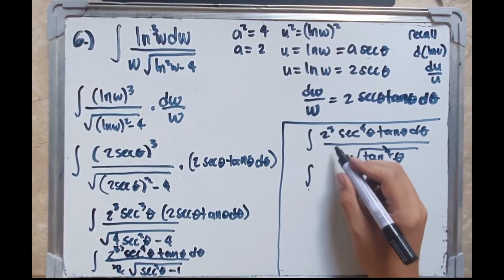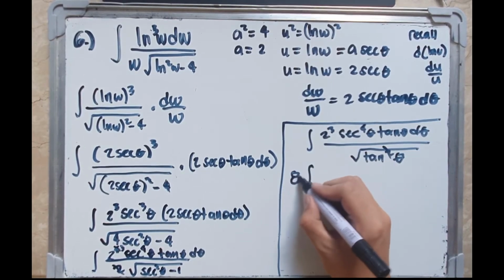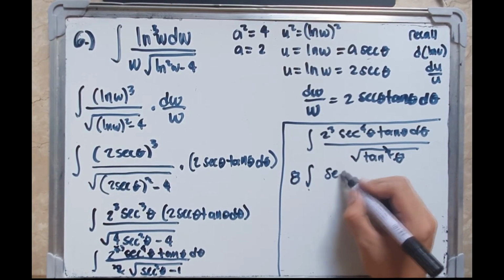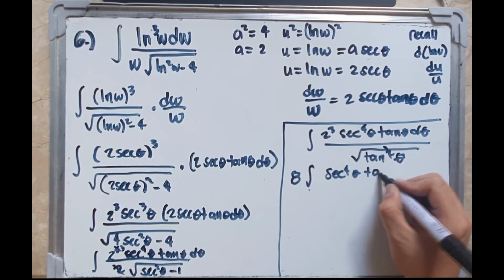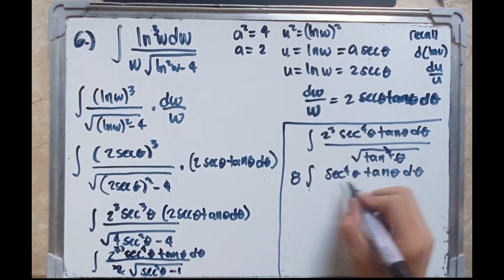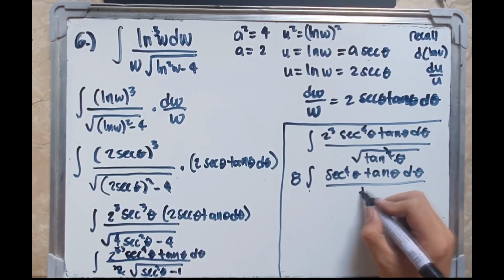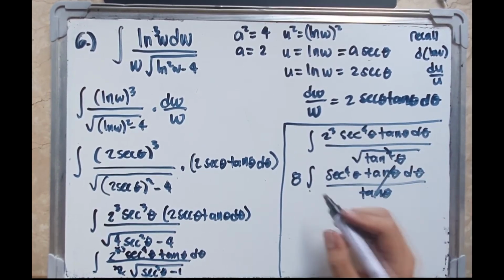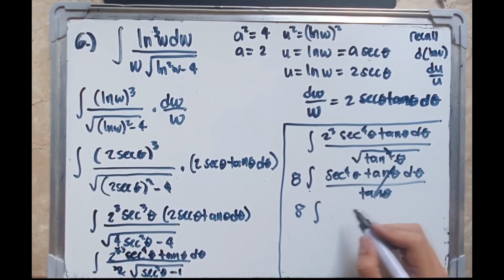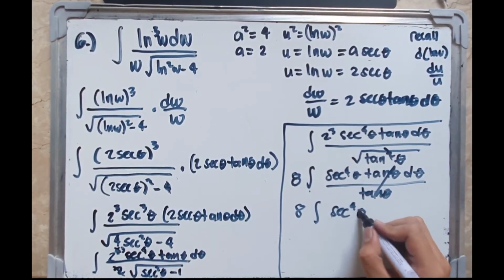We now have 2 cubed, which is 8, secant to the 4th theta tangent theta d theta all over tangent theta. Cancelling that one out, we now have 8 secant to the 4th theta d theta.